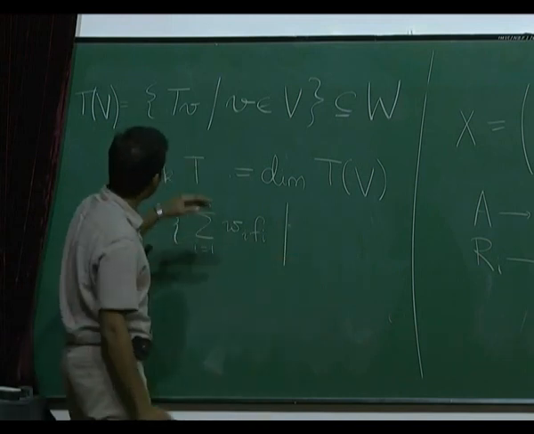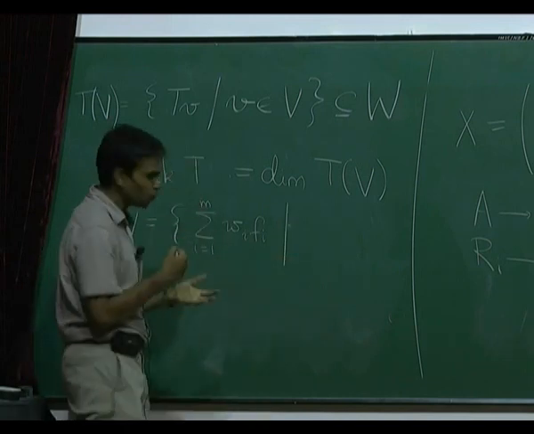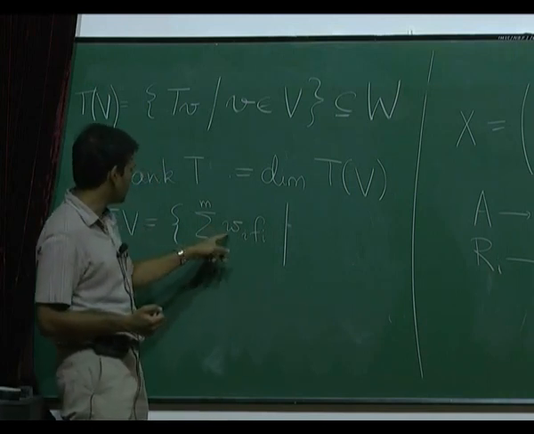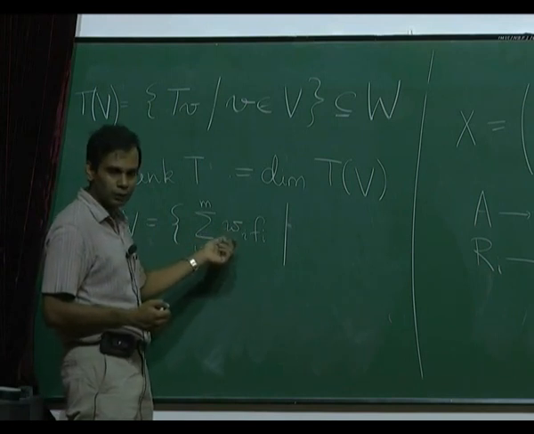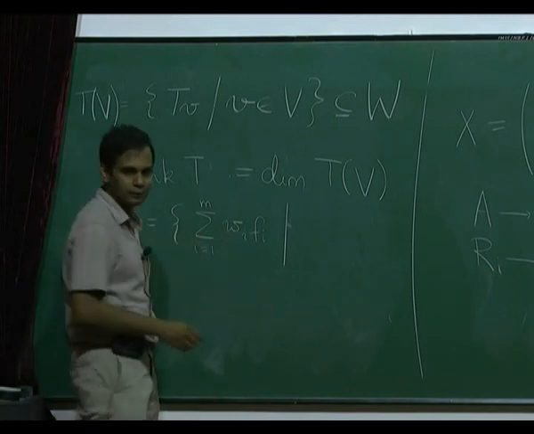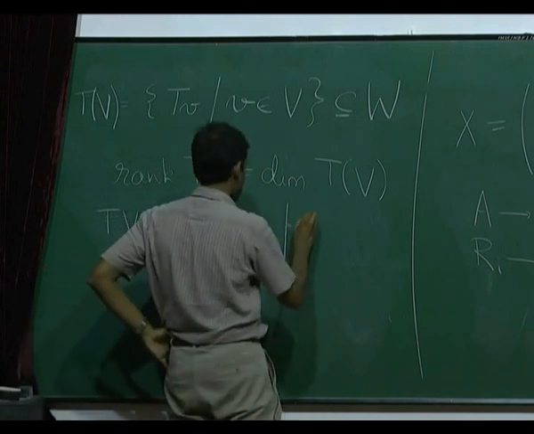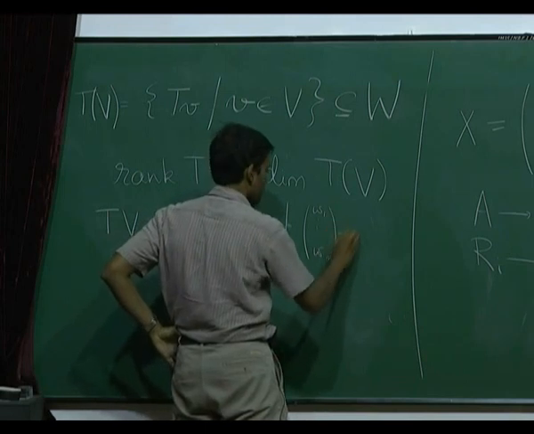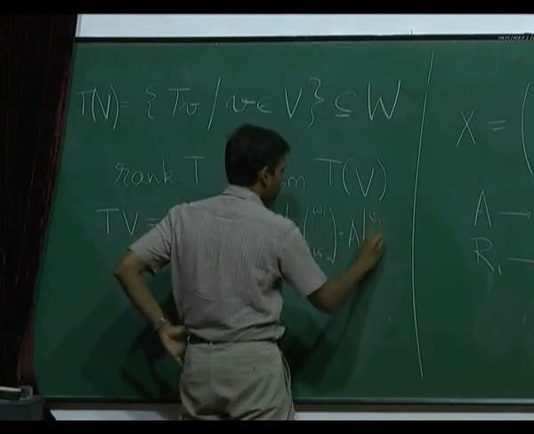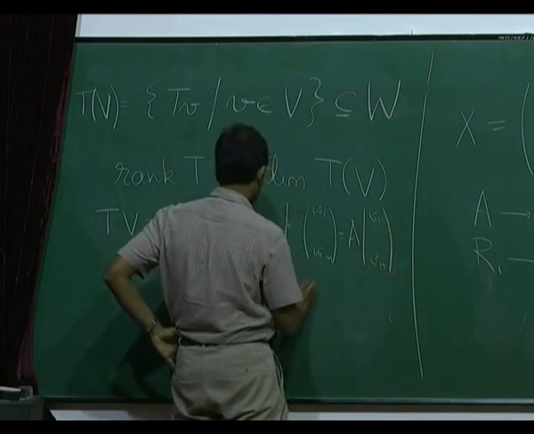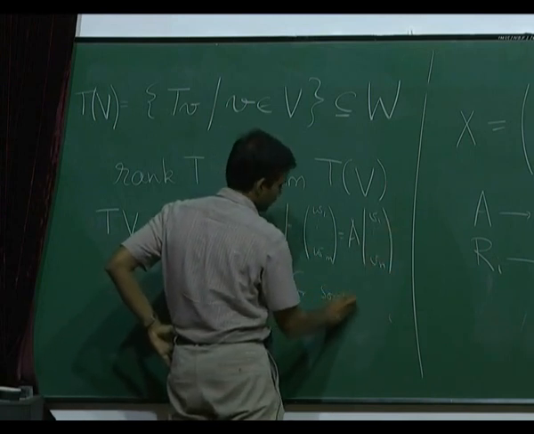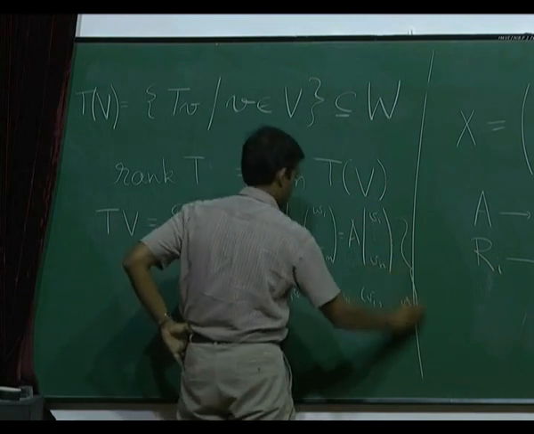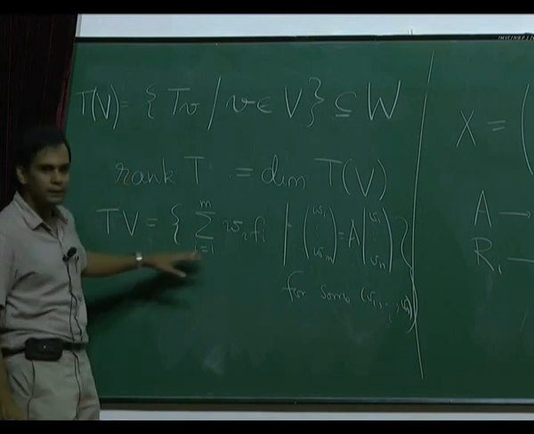So we saw that if you take T and apply it to a vector with coordinates v1, v2, ..., vn, then the image will have coordinates w1, w2, ..., wm, where this column vector w is A times v. So w1, w2, ..., wm is equal to A times v1, v2, ..., vn for some v1, ..., vn.